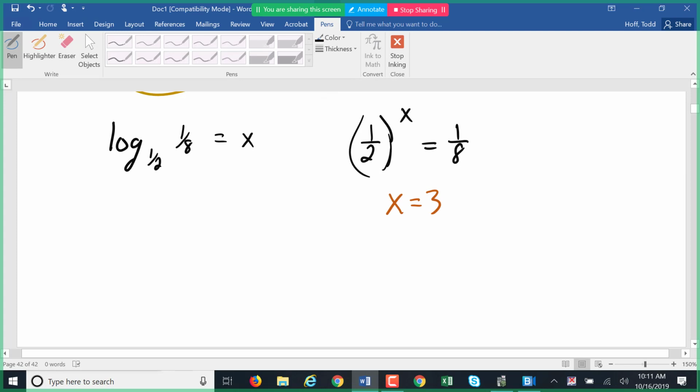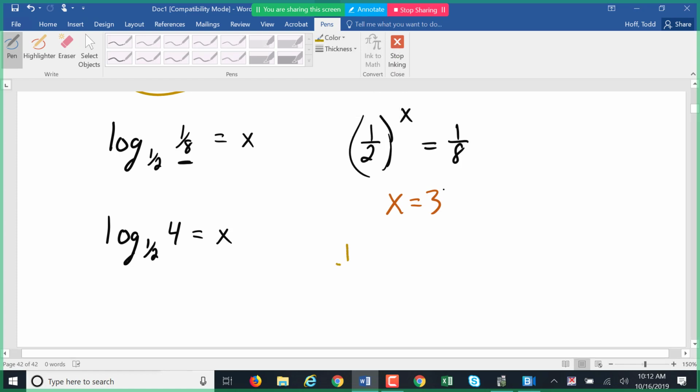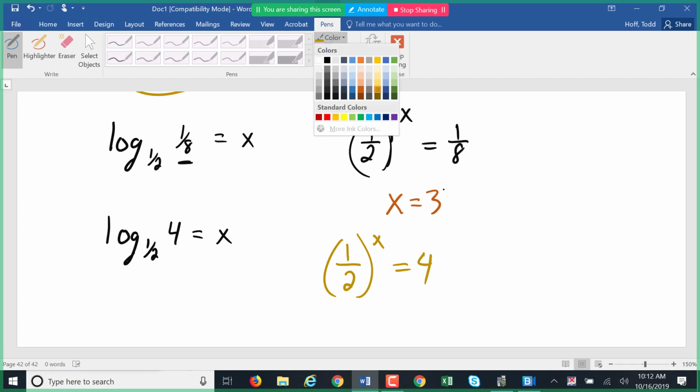If we have a fractional base or a decimal base, does that mean we can only have results here that are fractions or decimals? Certainly not. Let's stick with that base of 1/2. What if this is a 4? Well, this is saying 1/2 to the power of x equals 4.